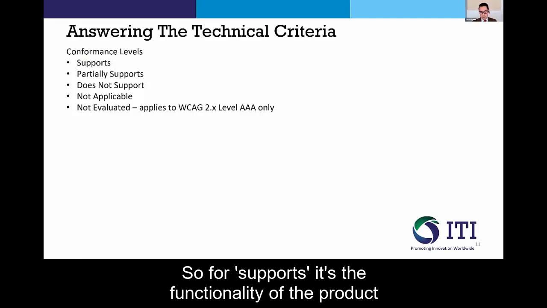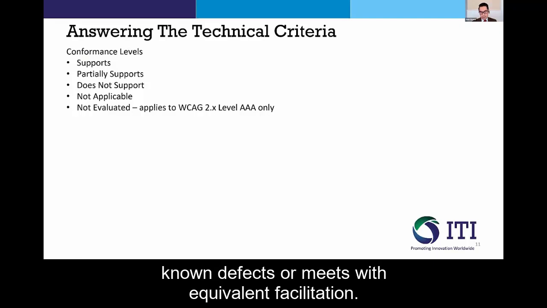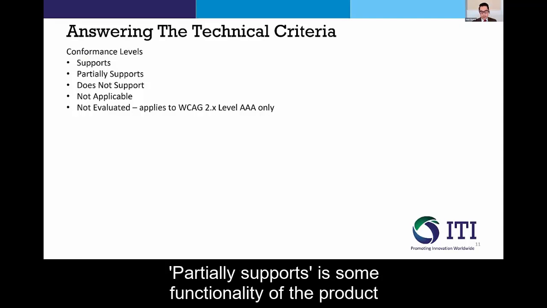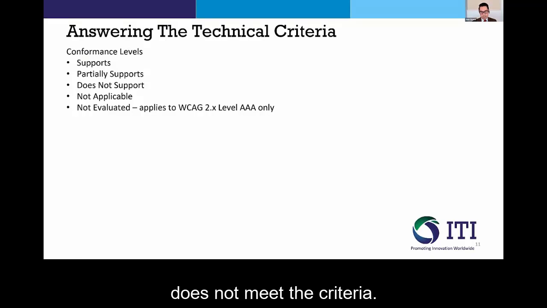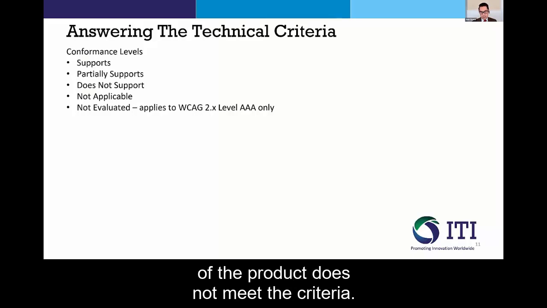For supports, it's the functionality of the product has at least one method that meets the criteria without known defects or meets with equivalent facilitation. Partially supports is some functionality of the product does not meet the criteria. Does not support means the majority of the functionality of the product does not meet the criteria.